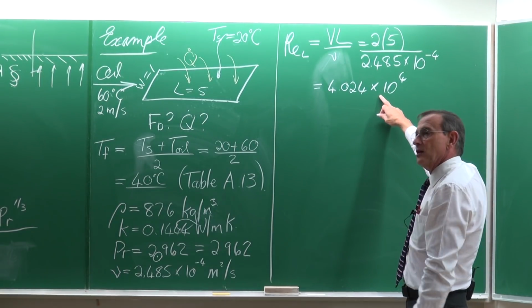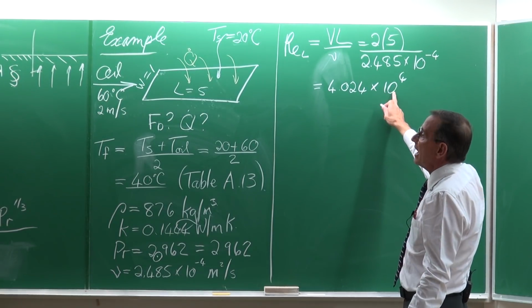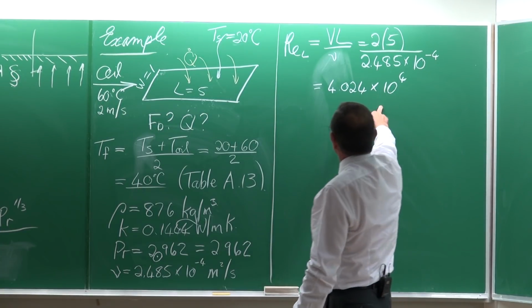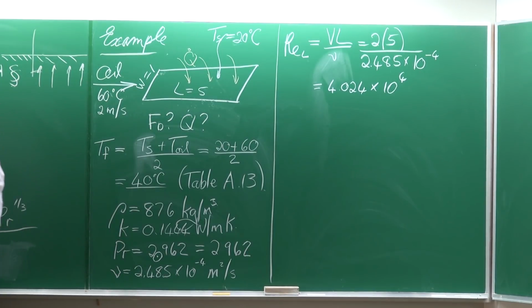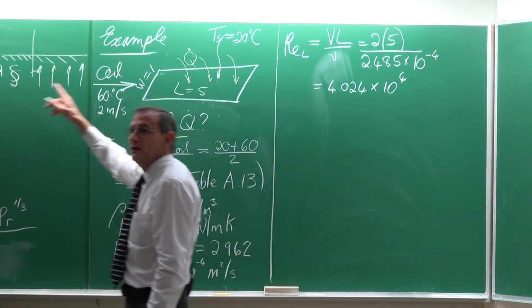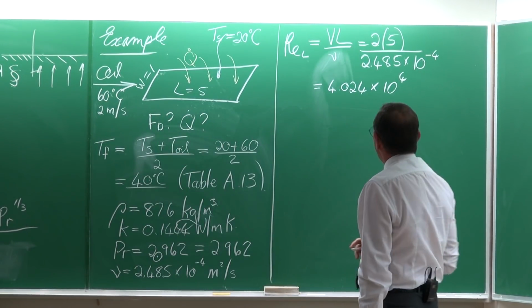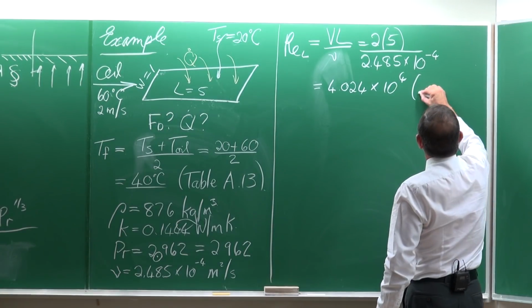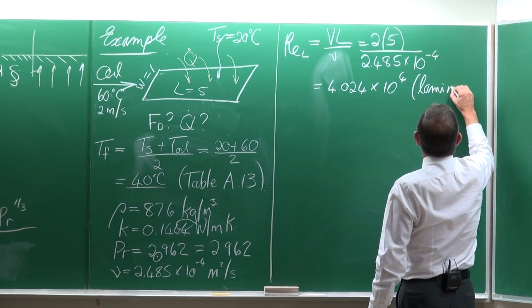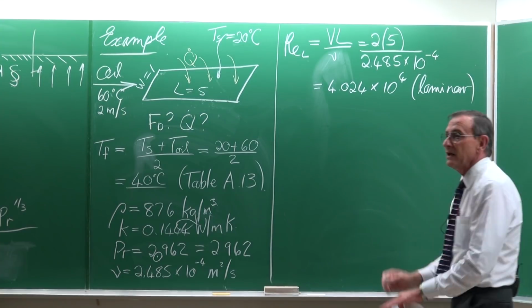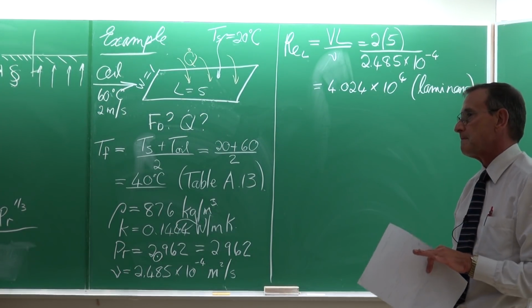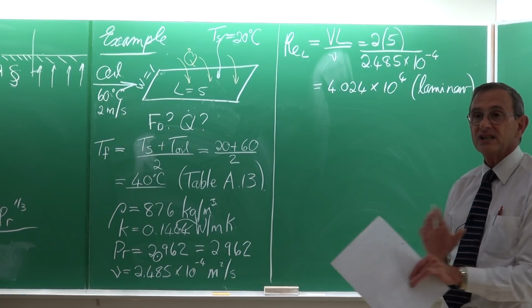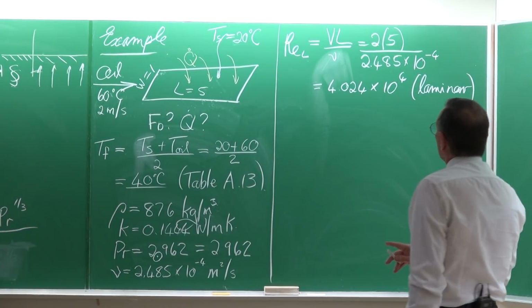If we look at this Reynolds number, this is about 40,000. Well, it will only be turbulent if the critical Reynolds number is 500,000. So we can make the conclusion that this flow is laminar everywhere over the plate. There is no transition. Do you understand that? Okay.